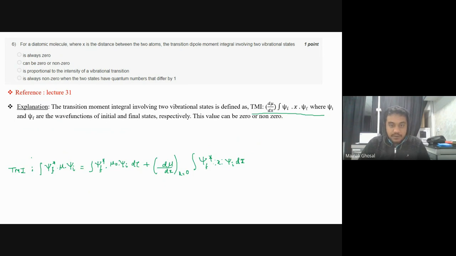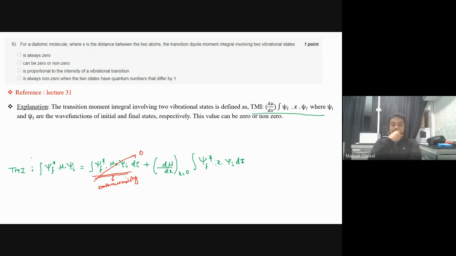To find this, the first term, now I am using another color to explain this. This was also discussed. In this first term, psi f star mu 0 psi i d tau, mu 0 will go out. What will be psi f psi i d tau? This will always follow the condition of orthonormality, so this will have no contribution.